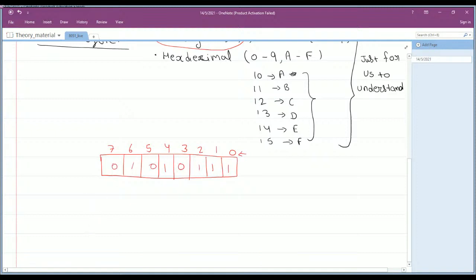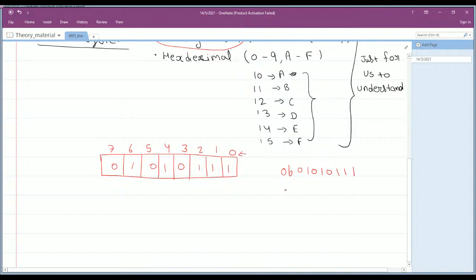Right now it is represented in binary form. If we write any number in binary form, we will write it like 0b 0 1 0 1 0 1 1 1. So it will consume a lot of space.